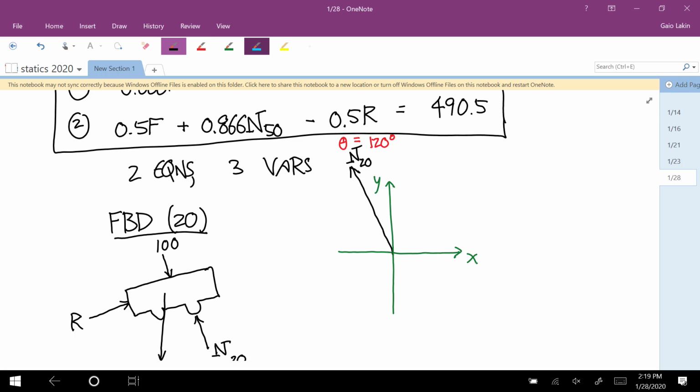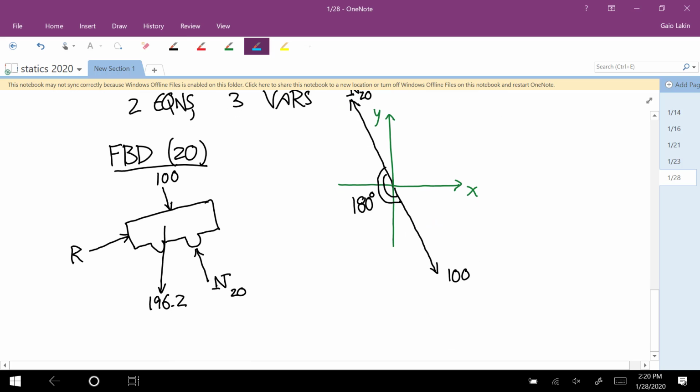That 100 Newton force is exactly opposite that. So we know that this angle is 180. This is the 100. And so 120 plus 180 is 300.